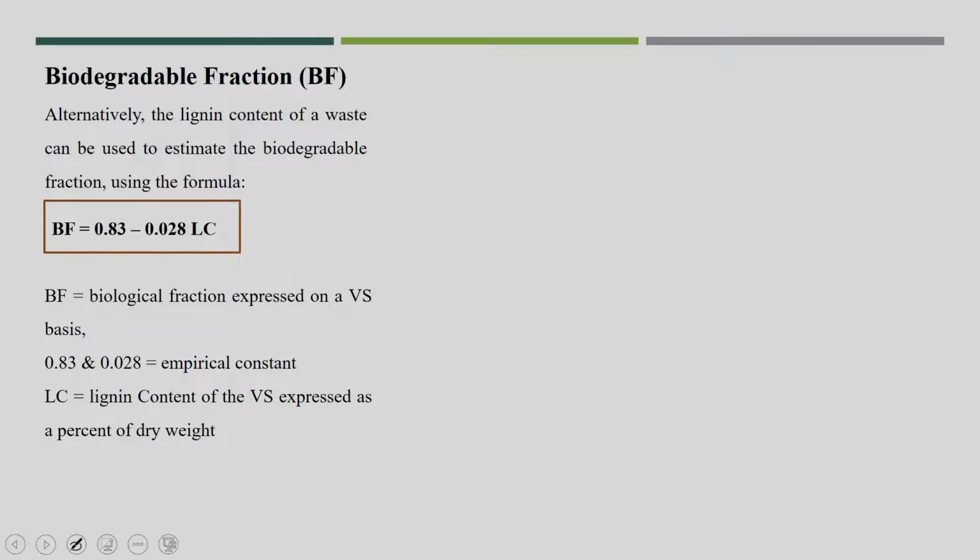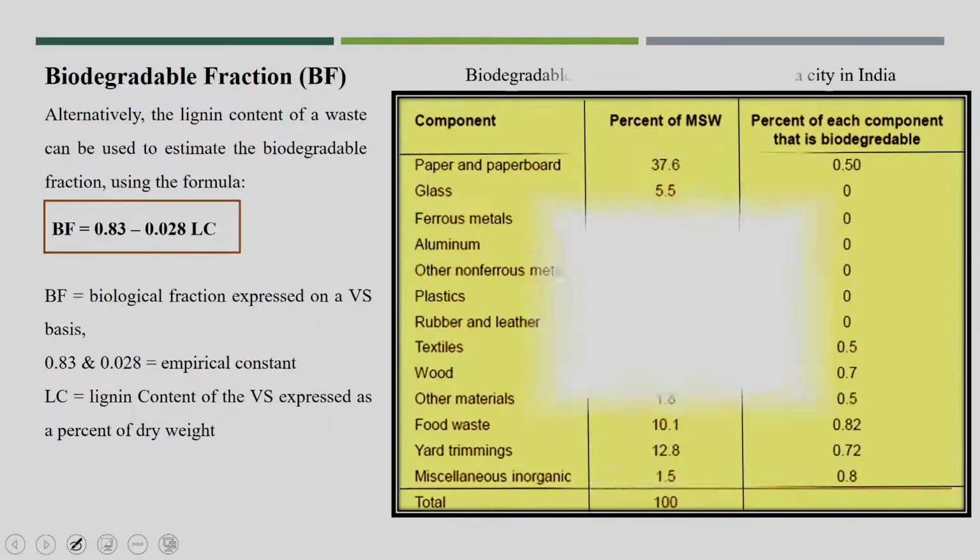For the degradable fraction, we normally analyze by one equation: biodegradable fraction is 0.83 minus 0.28 times lignin content. So if you know the lignin content of the waste, it is easy to calculate the biodegradable fraction of the solid waste.